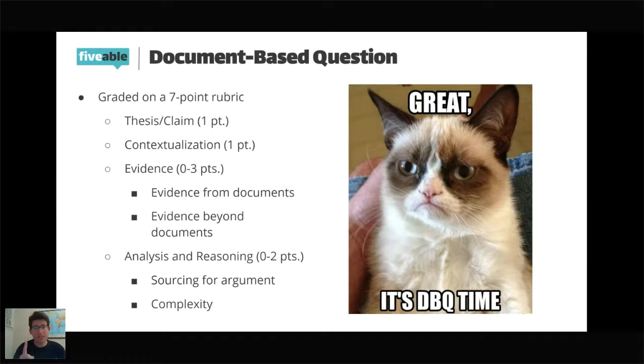You only have to do this 1 time and you get a point for it. So evidence in total is 3 points. But evidence beyond the documents and contextualization, those are really the only 2 points that come from outside the documents. So you can write a really solid essay, theoretically get a 5, without knowing anything outside of what the essay has told, what the College Board is doing.